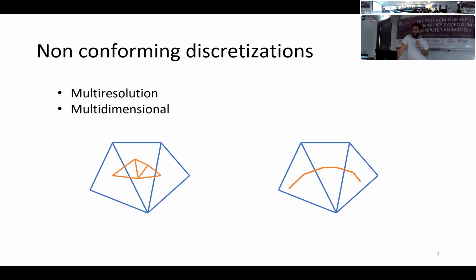So for multi-resolution simulations, we put two meshes that don't need to share vertices, so it's very easy to put one on top of another. And for multidimensional simulations, we are basically going to do the same, but one is going to be a volumetric or a 2D mesh, and the other one is going to be a 1D mesh.